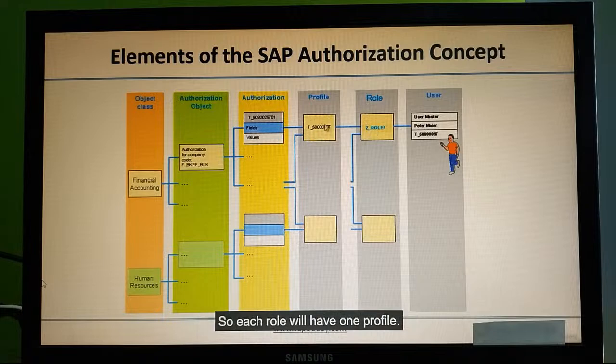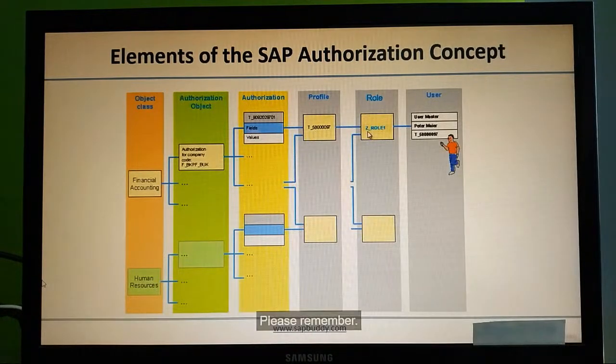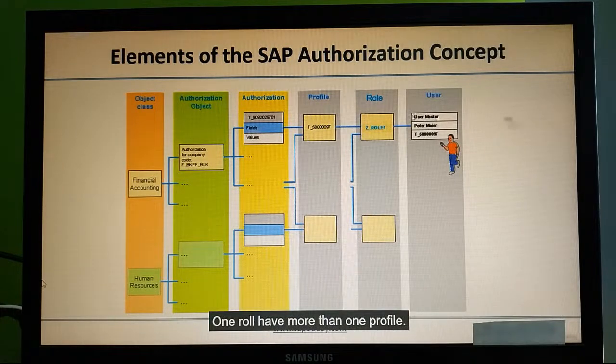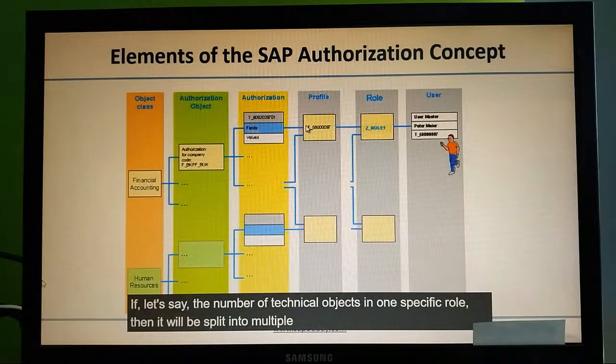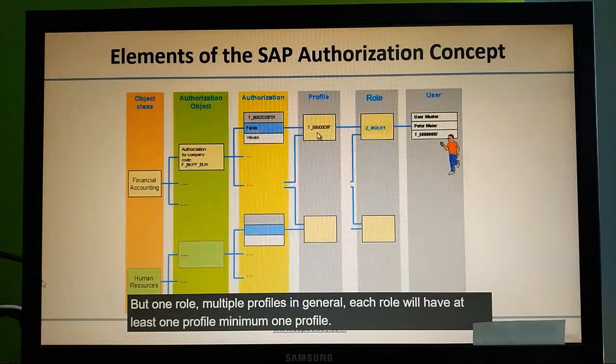Each role will have one profile. Please remember, it may be possible that one role has more than one profile. This is again managed within SAP itself. If the number of technical objects in one specific role is large, it will be split into multiple profiles. But in general, each role will have at least one profile, minimum one profile.